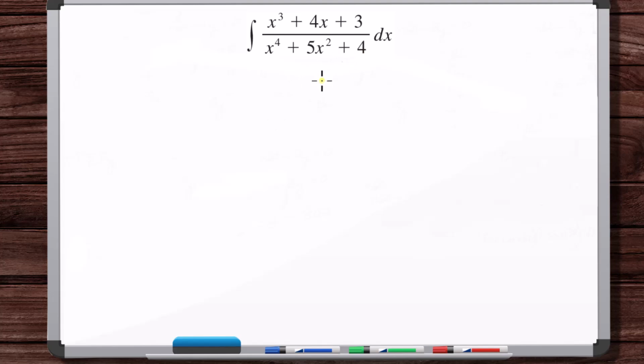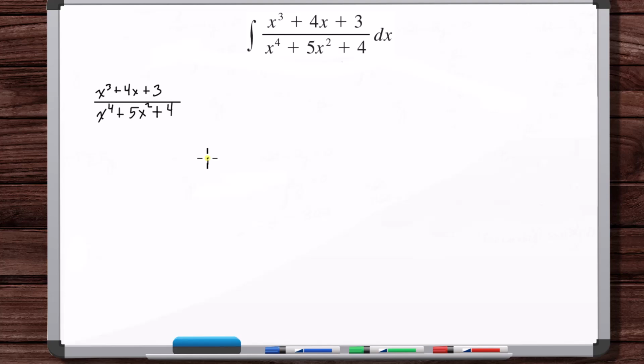Okay. So the order of the numerator is less than the order of the denominator. So let's do the partial fraction decomposition. We need to factor the denominator.